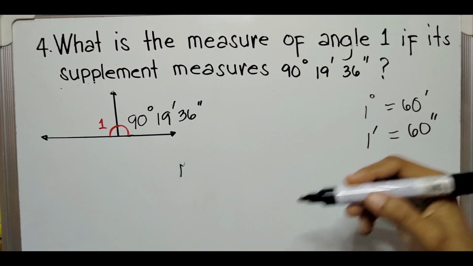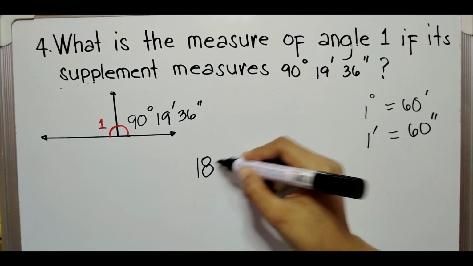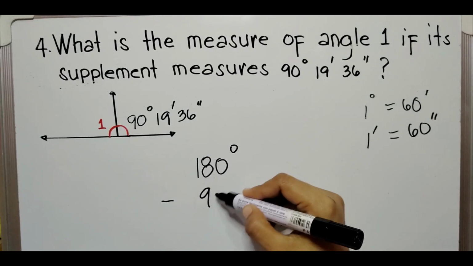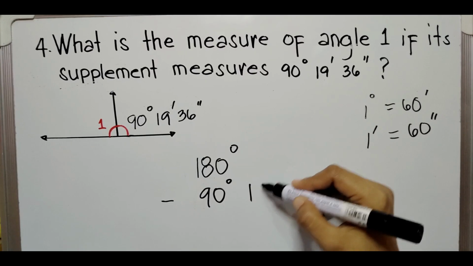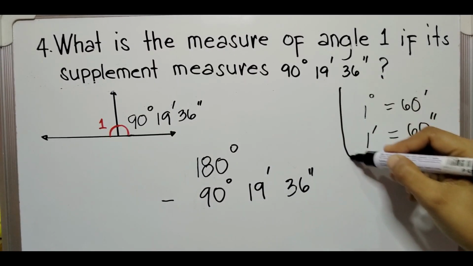So we have here 180 degrees minus the given 90 degrees, 19 minutes, and 36 seconds.